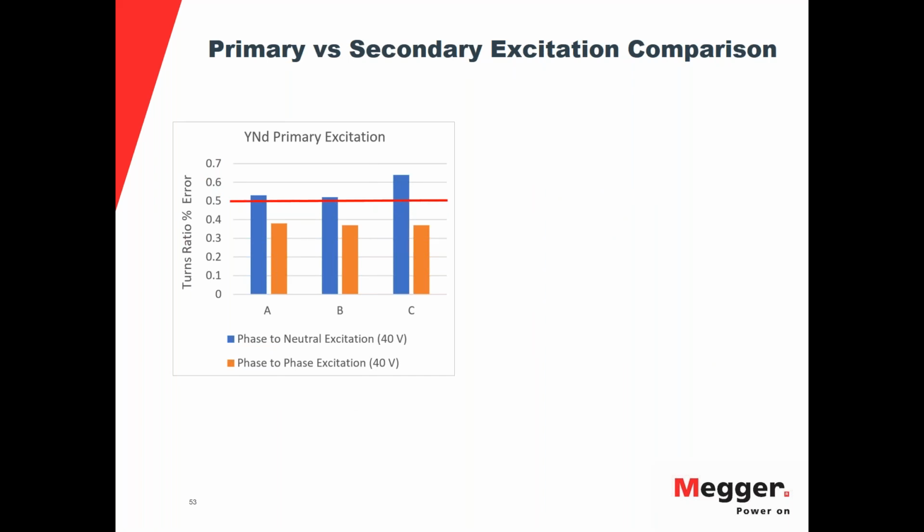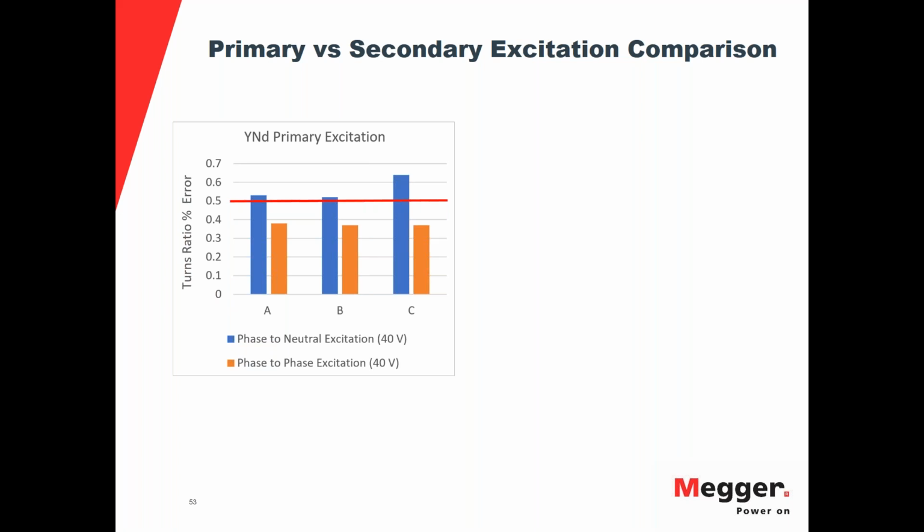And so here we have a couple of results. We can see that this is a YND, and we're doing primary excitation. So we're doing a step down. And we talk about phase to neutral. We're doing a phase to neutral test. We can see in the blue there, and when we have our tolerance level at that 0.5% set there with the red line across, you can see A and B phase are fairly close to that, but C phase is out quite a bit when we're doing a phase to neutral.